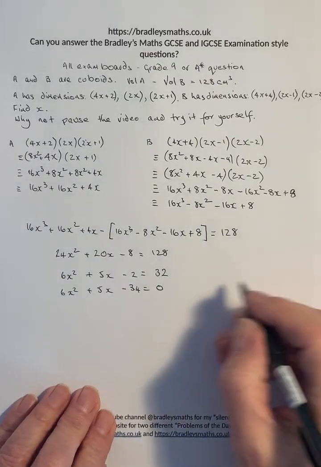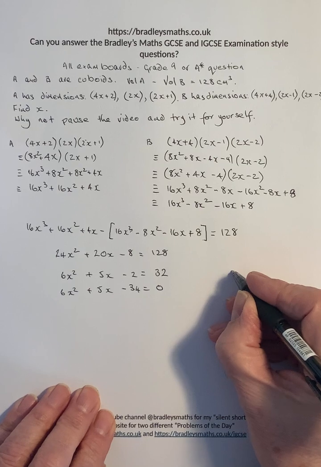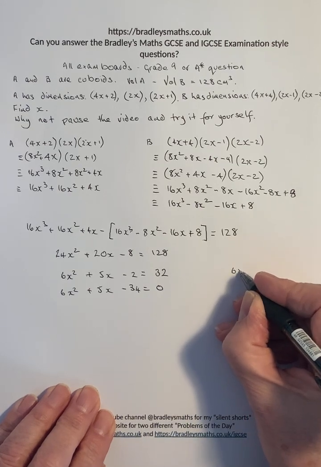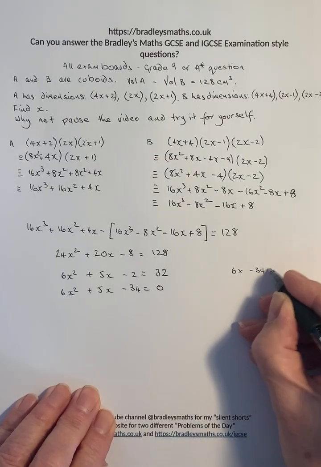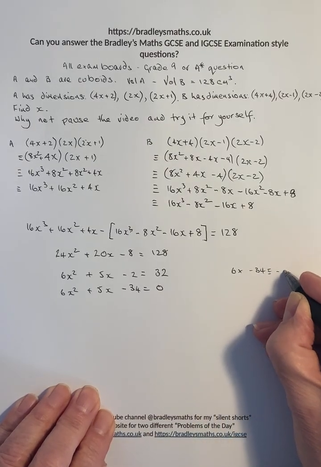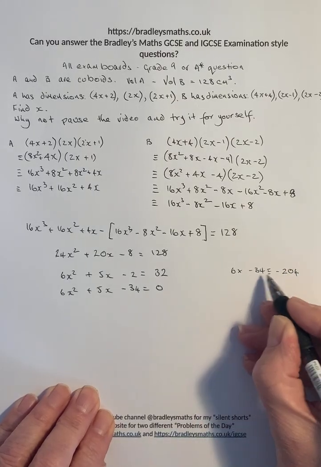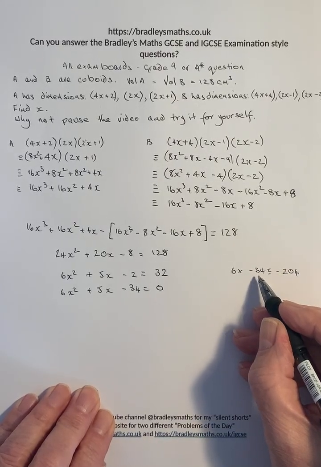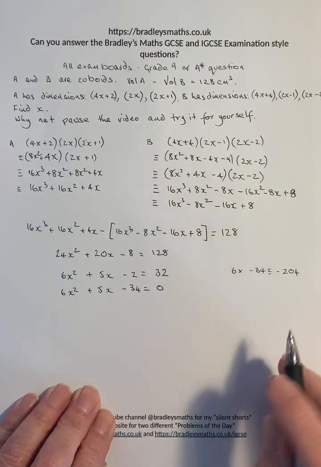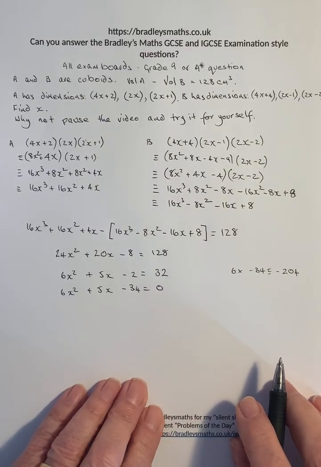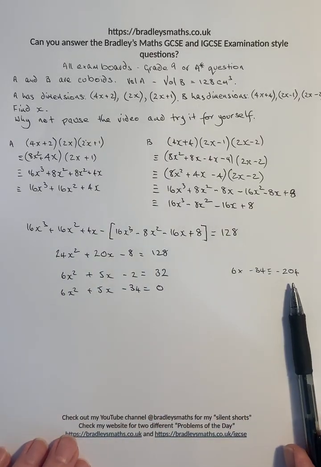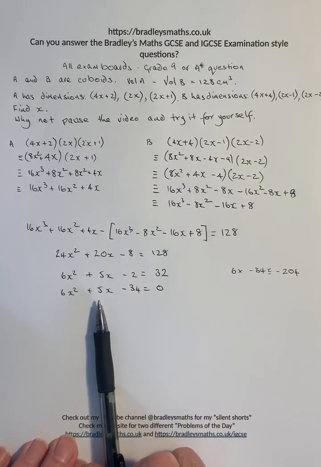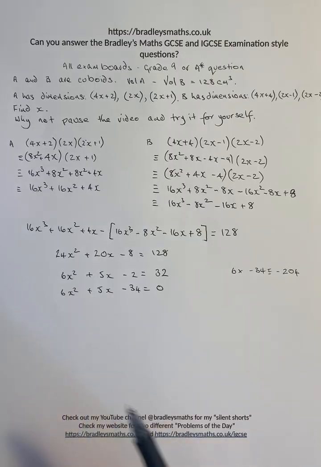Okay, just going to go over here, and we say 6 times negative 34 equals negative 204. 6 4s are 24, 6 3s are 18, and 2 is 20, so negative 204. And we're looking for factors of 204 that sum to plus 5.